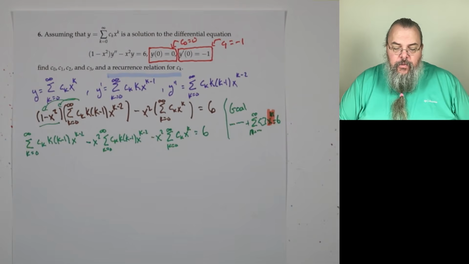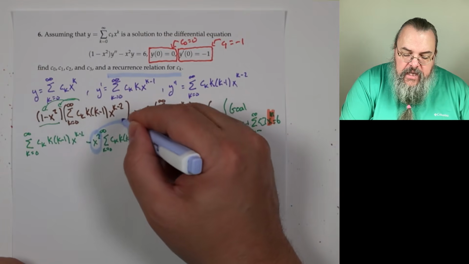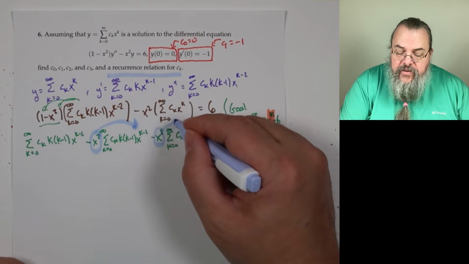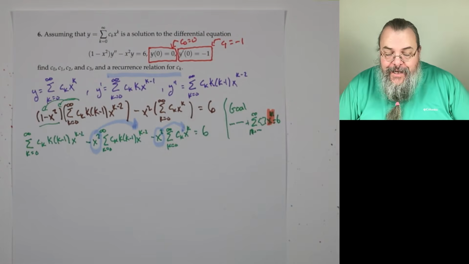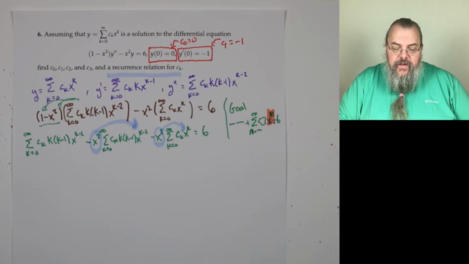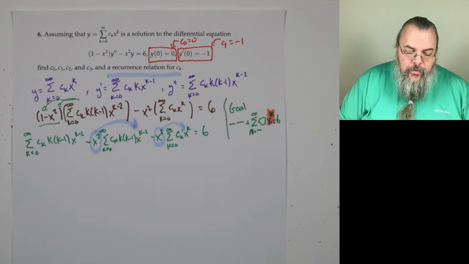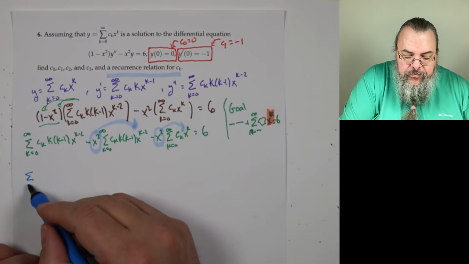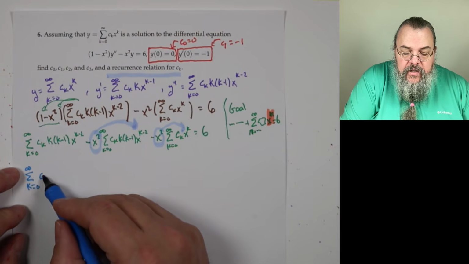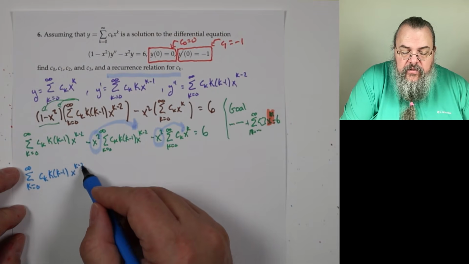Next part, we're going to take any polynomial pieces and bring them in. That's one of the reasons why we wanted to distribute. By distributing, we were setting ourselves up so that we could easily bring in the powers of x. All right, so now what do we have here? Well, the first term, nothing came in. So that still stays as it was. Sum k equals 0 to infinity, ck, k minus 1, x to the k minus 2.